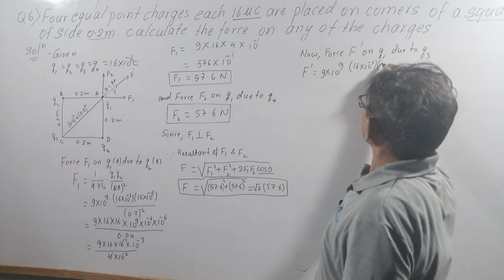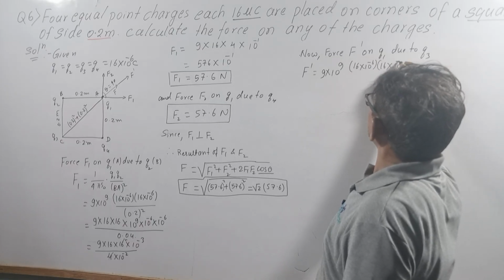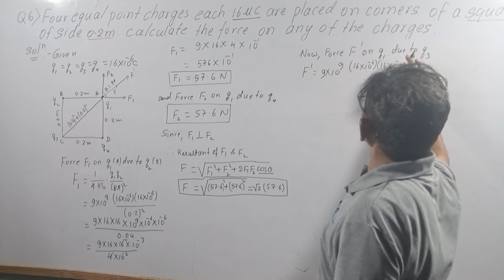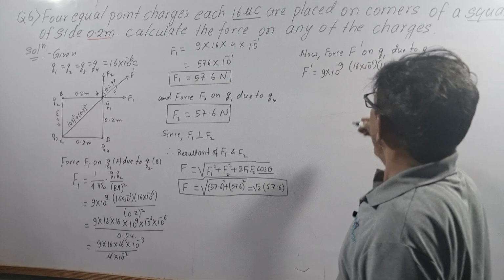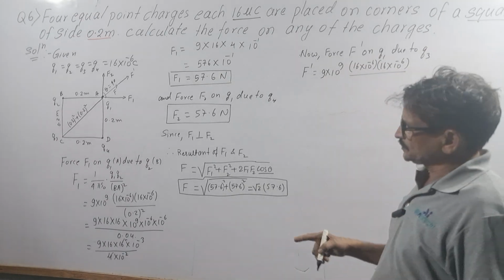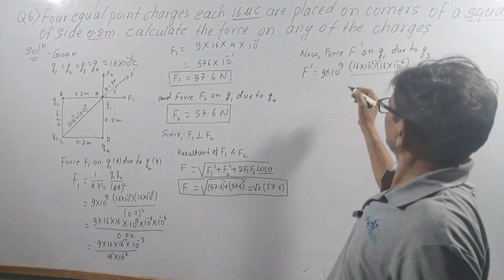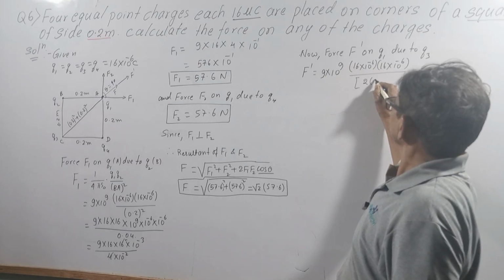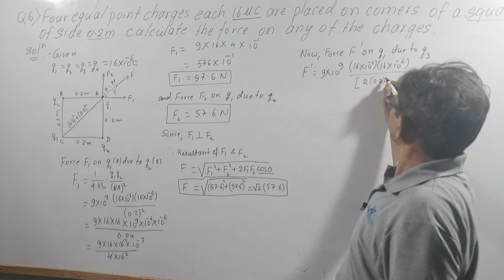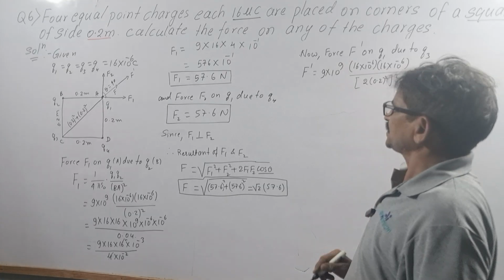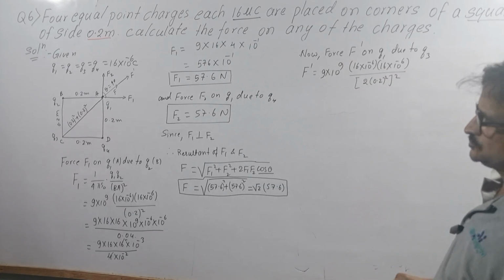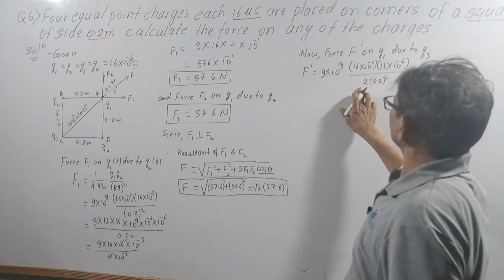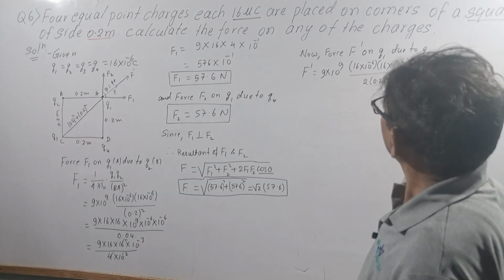One more also same, 16 into 10 to the power minus 6, divided by the square. Here I am writing the square, that is 2 times 0.2 squared, according to the Pythagoras rule.